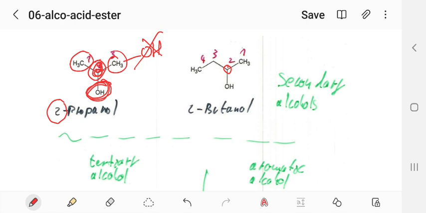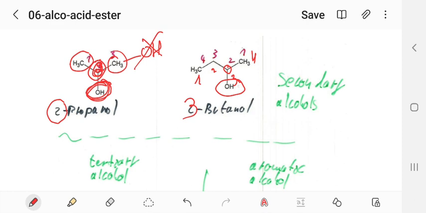Here it is the same. So we could, for example, name it 1, 2, 3, 4. But in this case, it will become 3-butanol. And by the nomenclature rules, we always tend to have the lowest numbers possible. Therefore, we start naming from the end of the chain which is closer to the branch.